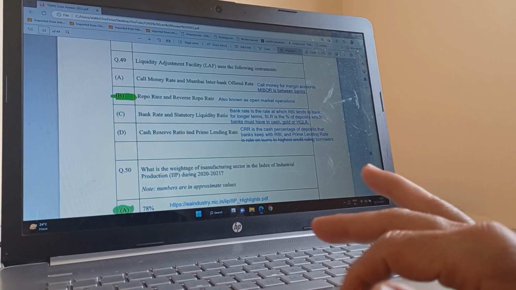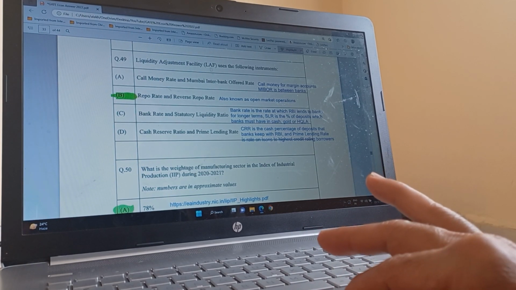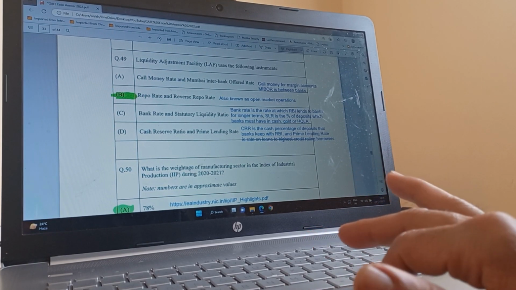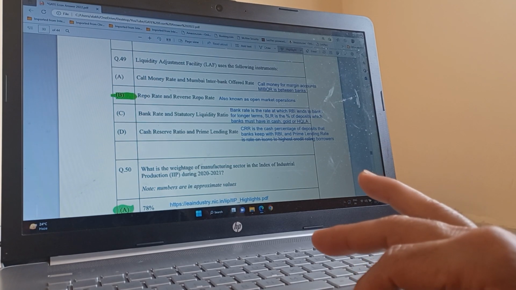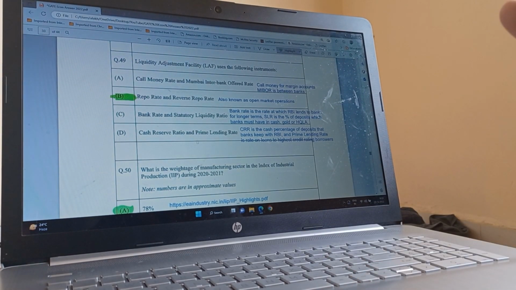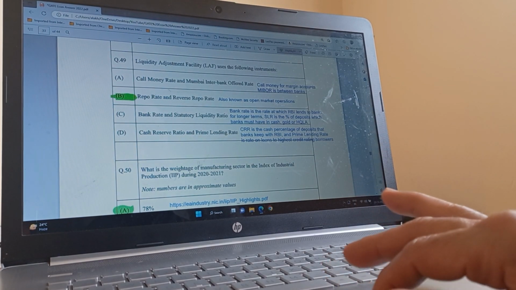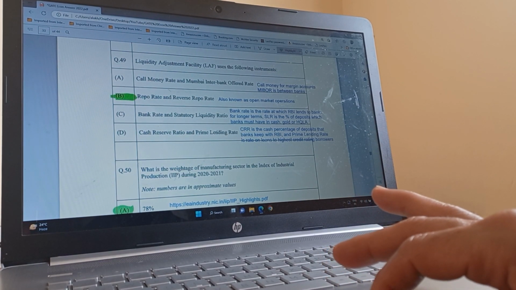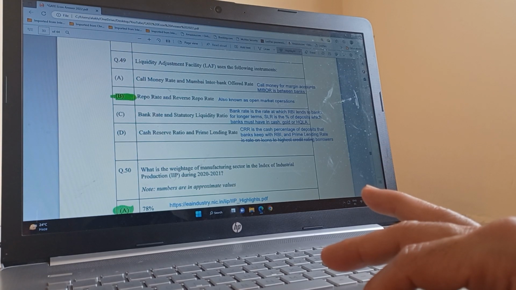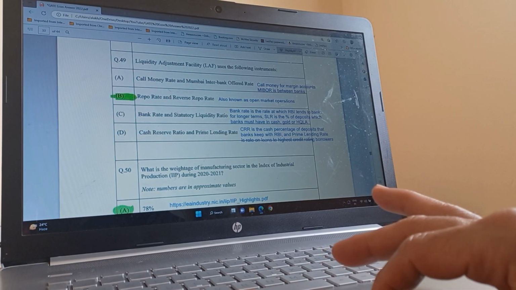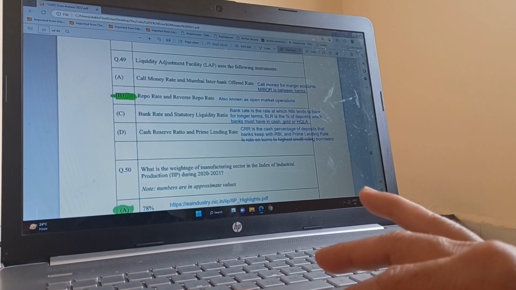So this one doesn't increase or decrease liquidity because it is the prime lending rate, meaning banks lend to customers. It has nothing to do with money supply in the economy. Hence this is definitely wrong, though this part is correct.